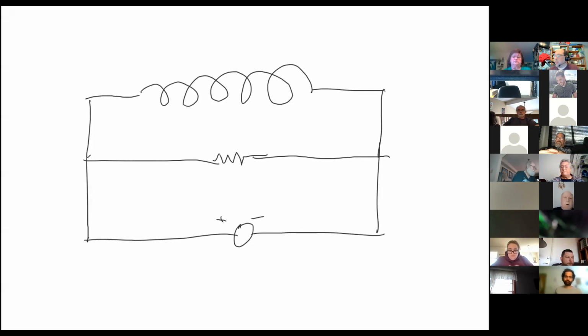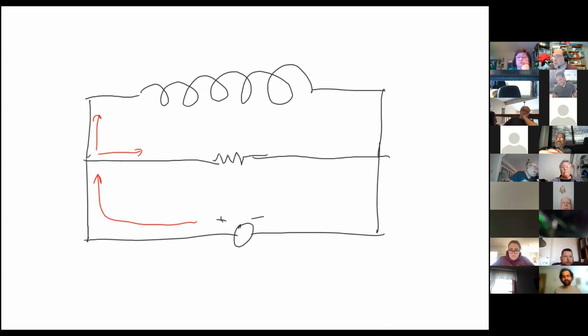If I had my current going this way, my current gets here and it splits, which way would my current prefer to go? It likes to go the path of least resistance. Could very well be pretty equally split, right?